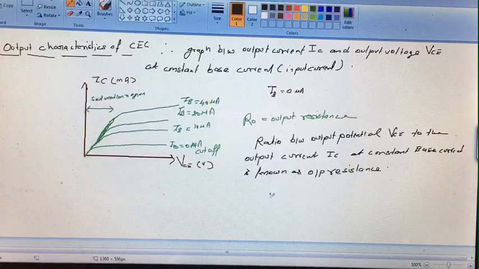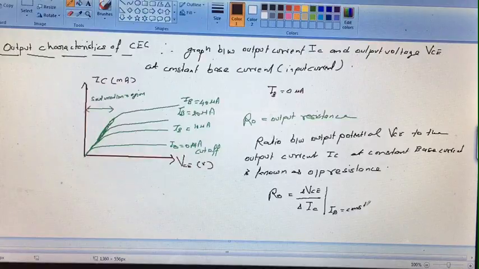So our output resistance is equal to change in VCE upon change in IC at constant base current.